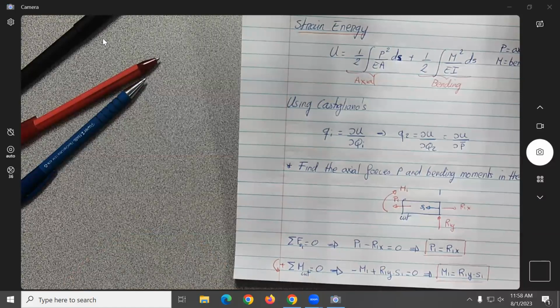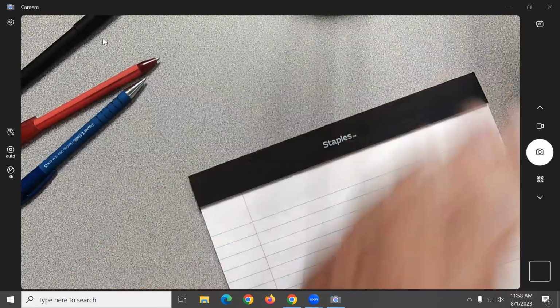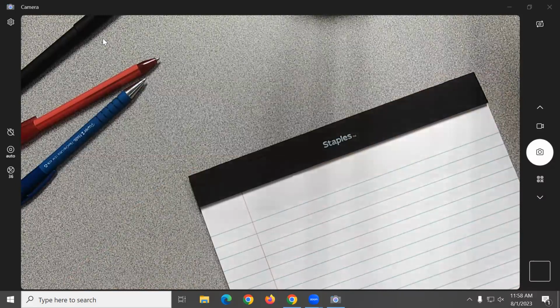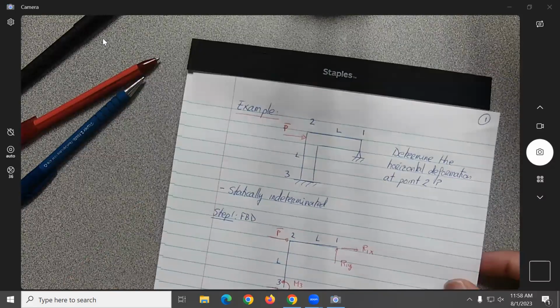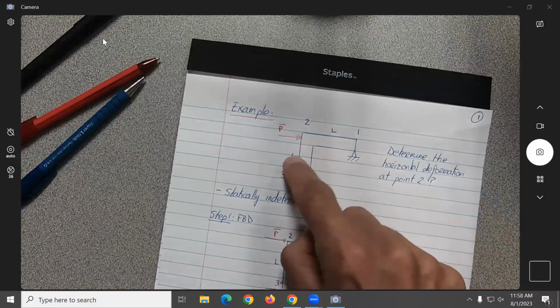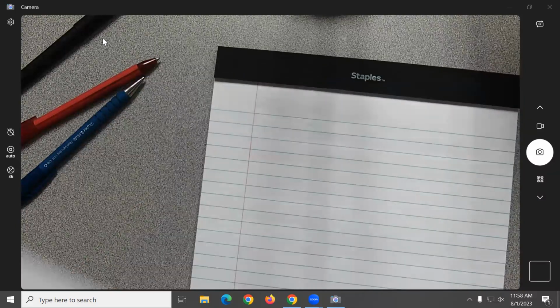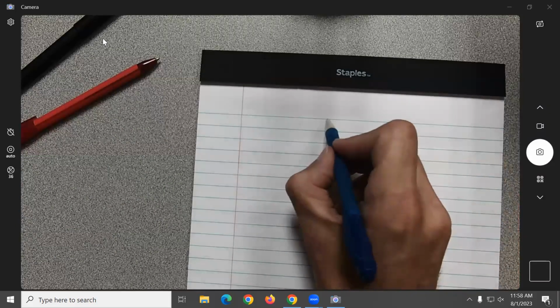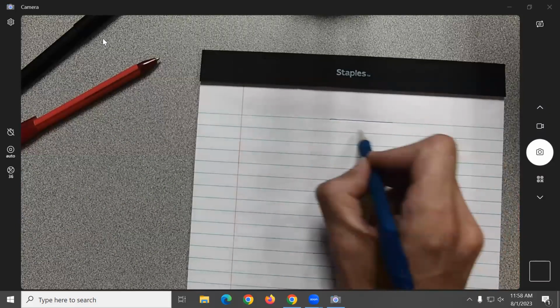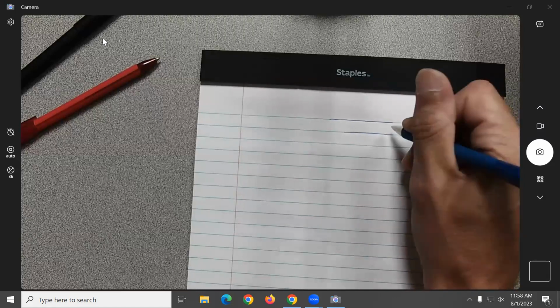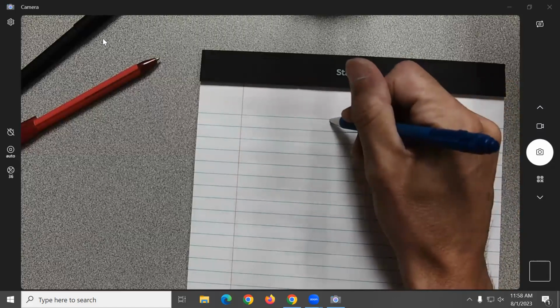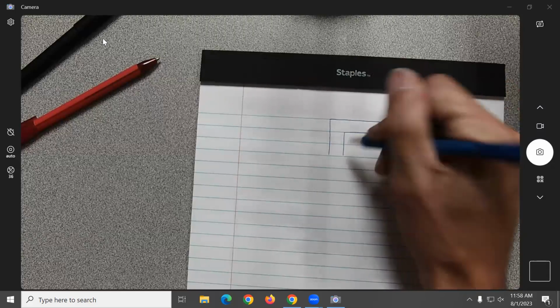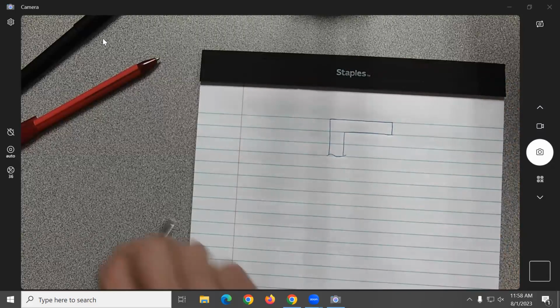All right, now. Okay, so we are here. You need to make a cut every time there is a discontinuity on the loading. So now we're going to make a cut somewhere between 2 and 3. All right, so let's do that. I go from 1 here to a point where I make the cut.